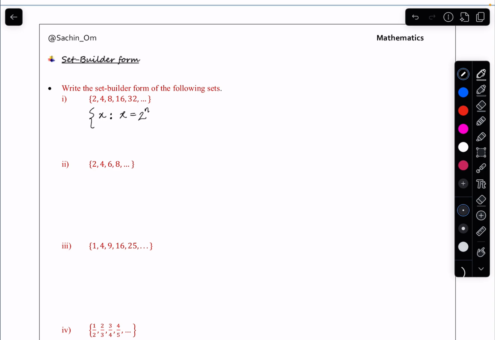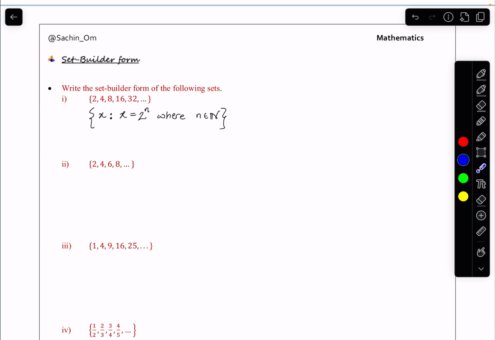The first element that I see here, which is 2, is obtained when I take n is equal to 1. The second element is obtained when I take n is equal to 2. The third element is obtained when I take n is equal to 3, and so on. That's how the counting goes here. n is a natural number. So this is going to be the set builder form of this set.